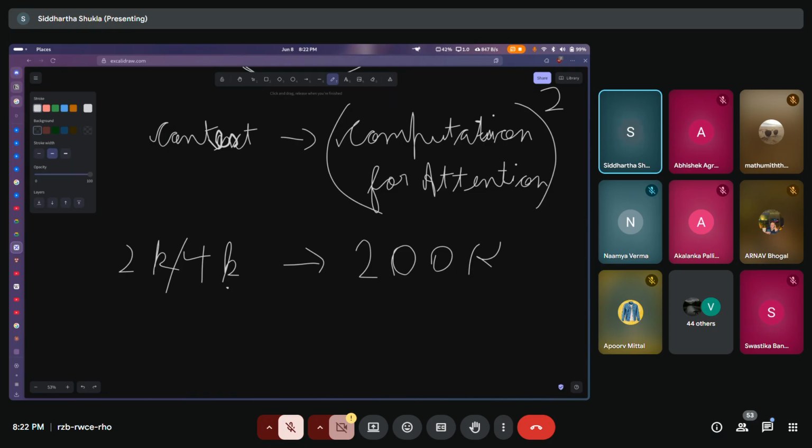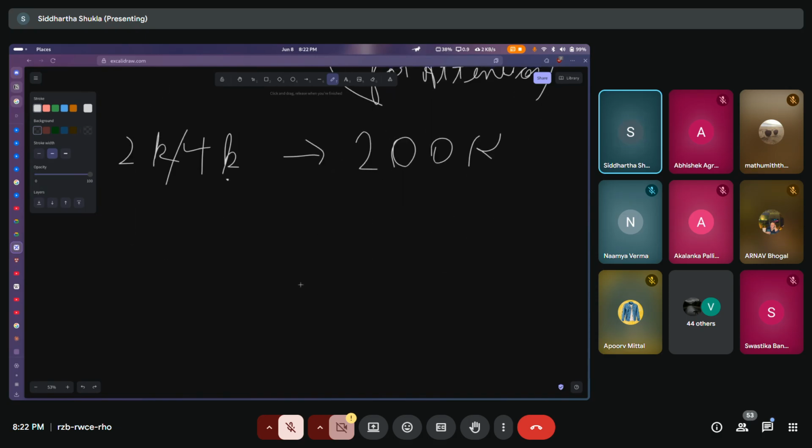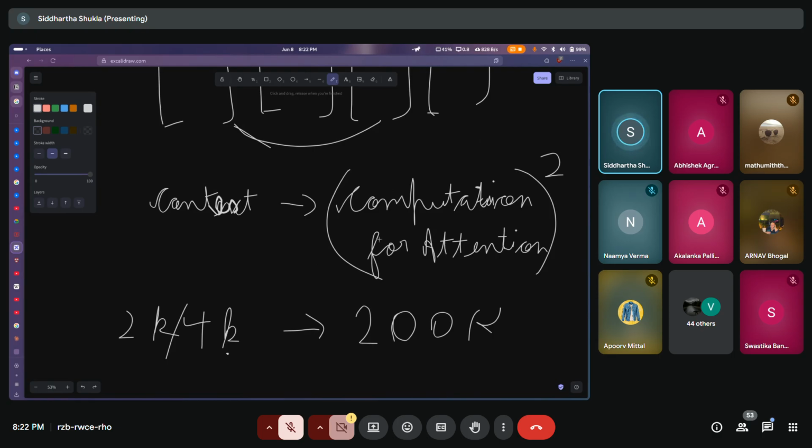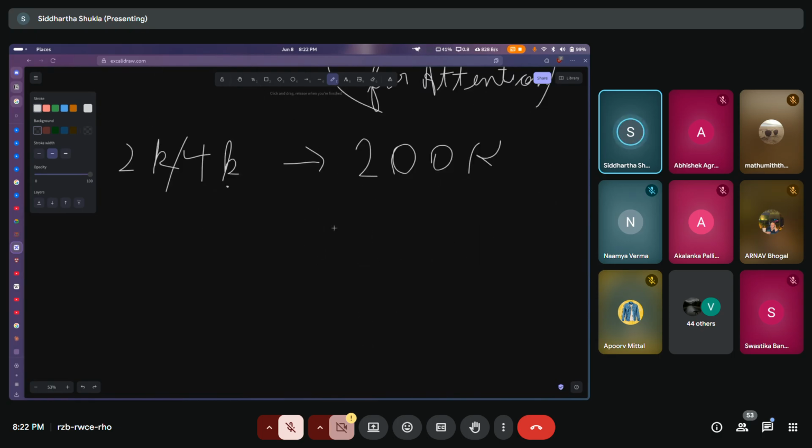So when you are increasing the context size from 2K or 4K to 200K, the computation increases quadratically. So you have to be careful while handling all of this stuff when you're working with LLMs.